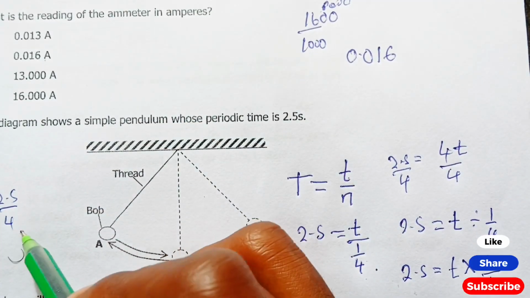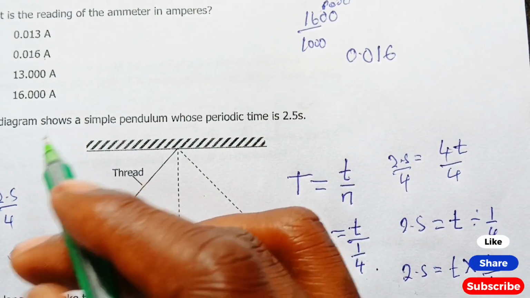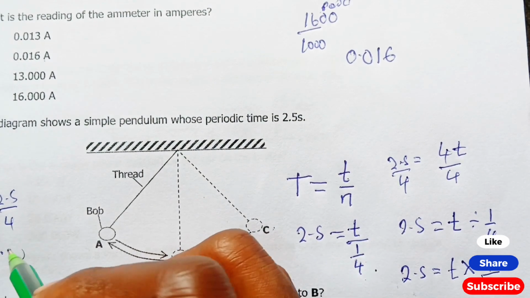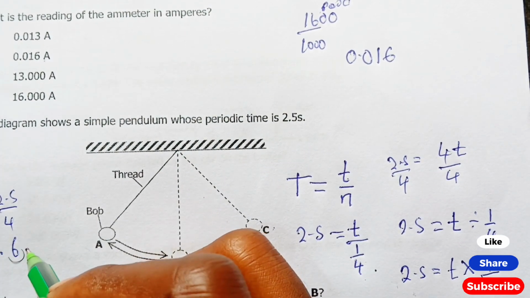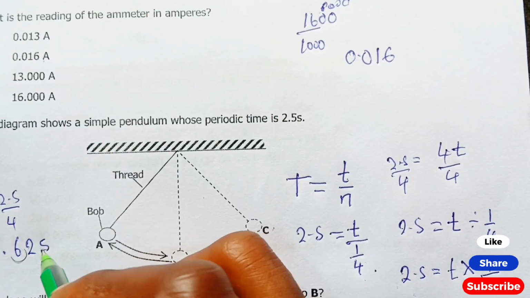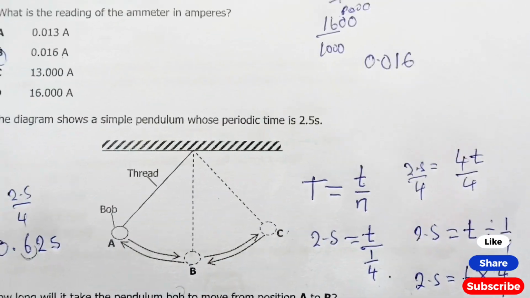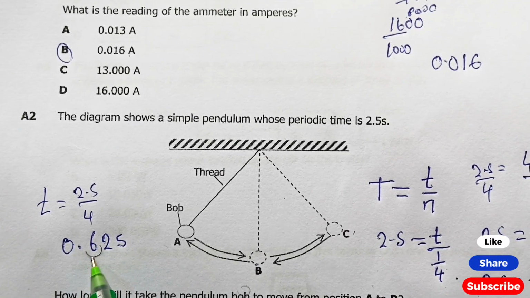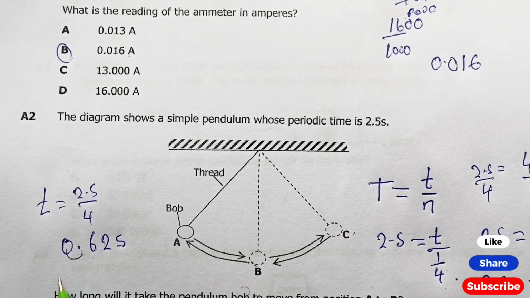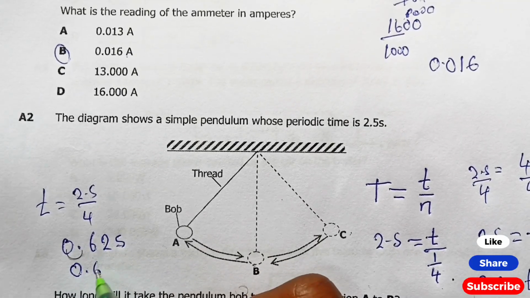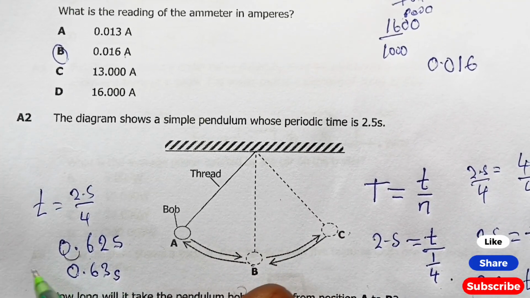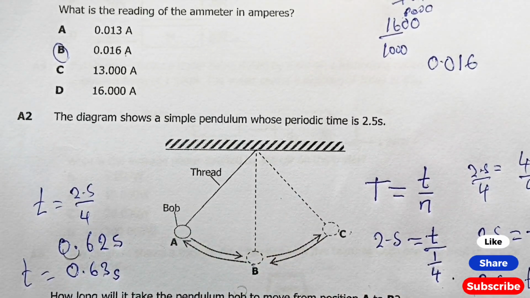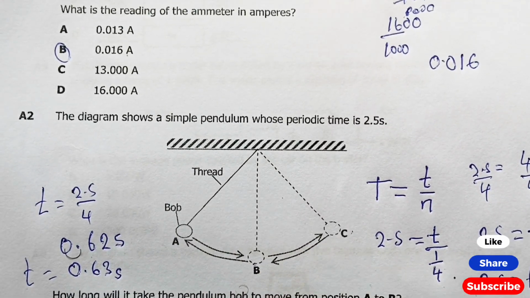When you divide using your calculator, it's going to give you a number like 0.625. When you round off, t is equal to 0.63 seconds. So the answer was supposed to be B, even here.